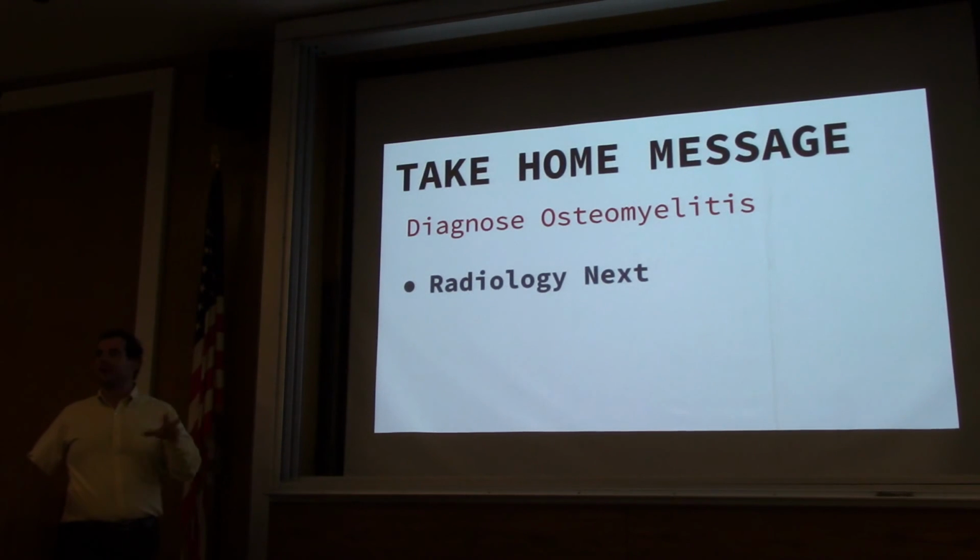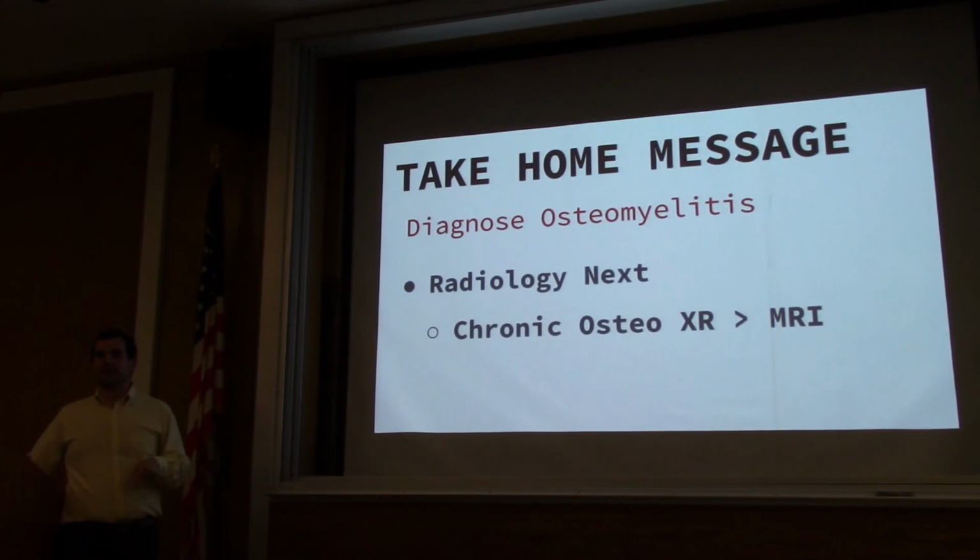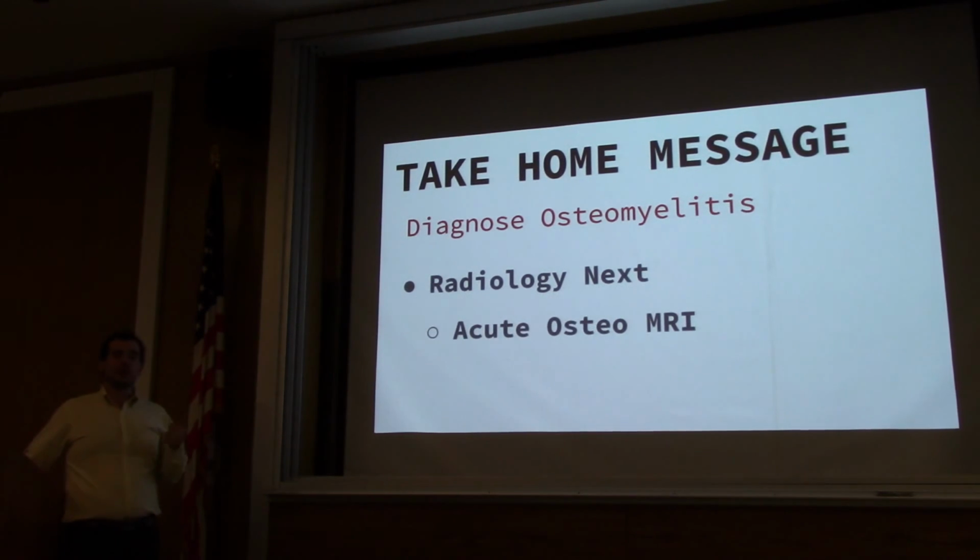If your exam is equivocal, then radiology is the next step. If it's chronic osteo, it's reasonable to get an x-ray first, realizing that if it's negative and you have a high suspicion, you're going to be going to an MRI. If it's acute osteo, realize that it's very unlikely for that x-ray to be positive if it's less than 2 weeks, and so it's reasonable to start with an MRI at that point.